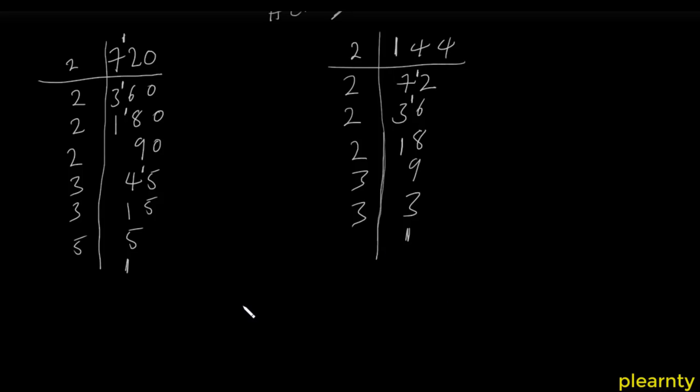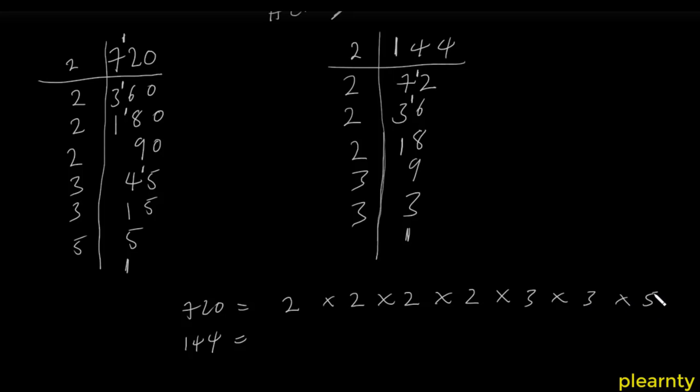Now let's write it out so that we can pick the common prime factors. This is 720 and this is 144. We have 2 times 2 times 2 times 2 times 3 times 3 times 5.